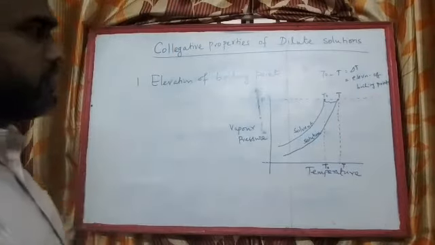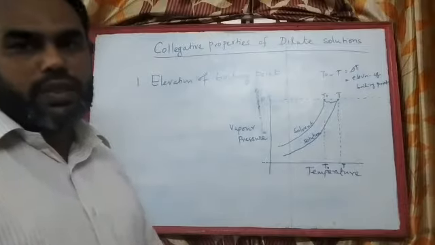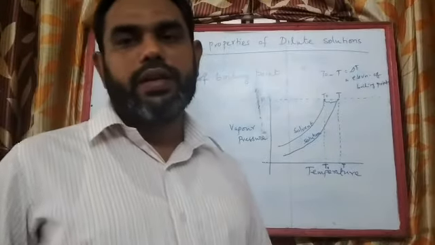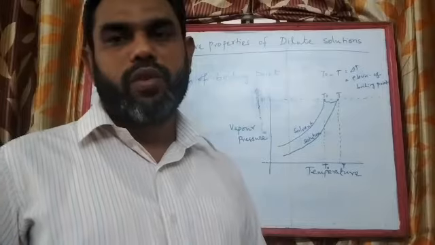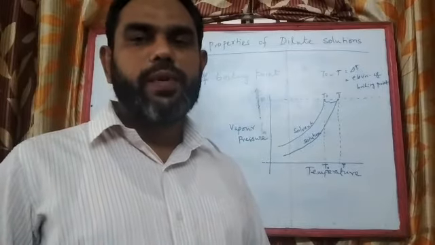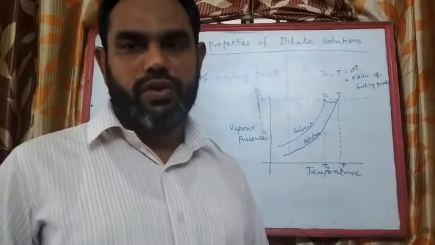Now let us derive, or prove, that the elevation of boiling point is a colligative property. Elevation of boiling point depends on the number of moles of solute.